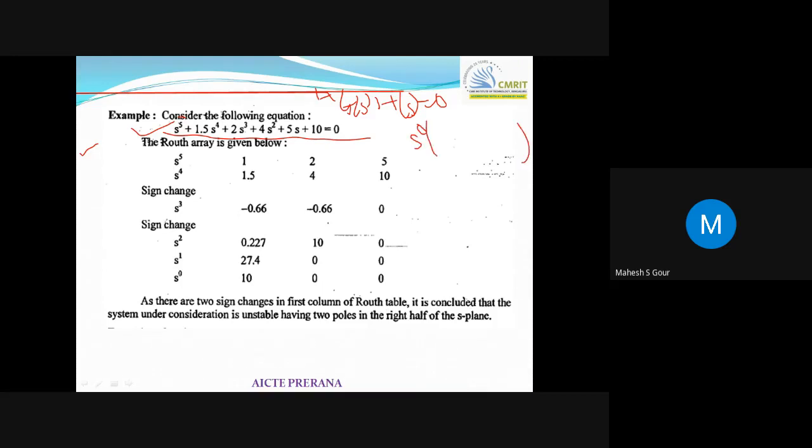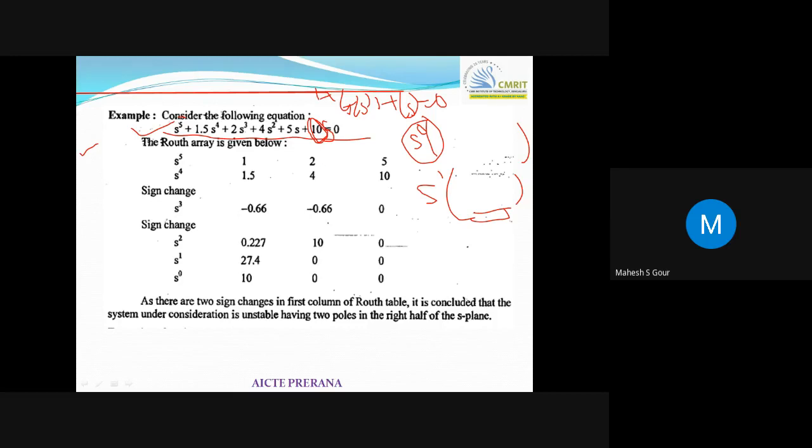Why? Because there is no common s term, right? This is your constant term. If it was 10s, then you could take s common, so s power 1 could be taken as common. So the type is 0 and the order is 5.